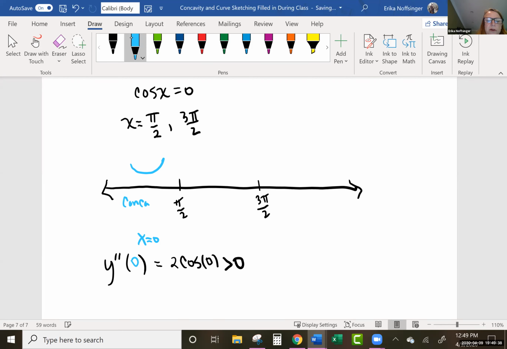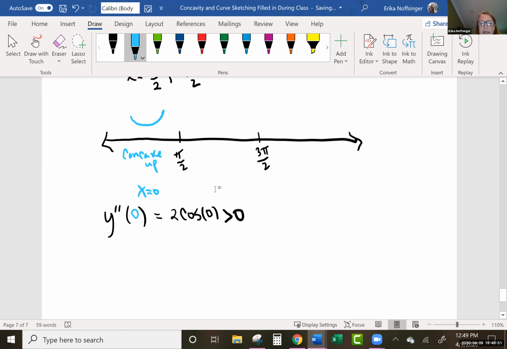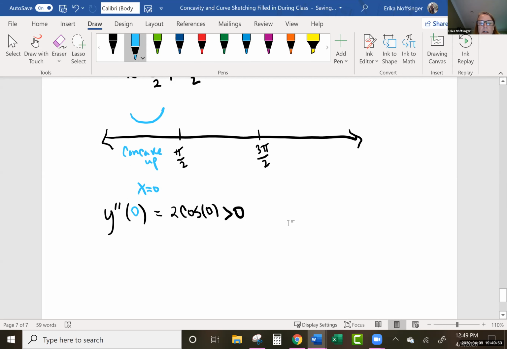And so this is concave up. And then choose a number in between pi halves and 3 pi halves. I would probably choose one that I know what cosine is. I know what cosine of pi is. Cosine of pi is in between there. Actually, will that tell me anything? What's wrong? So if we choose pi, just do it.